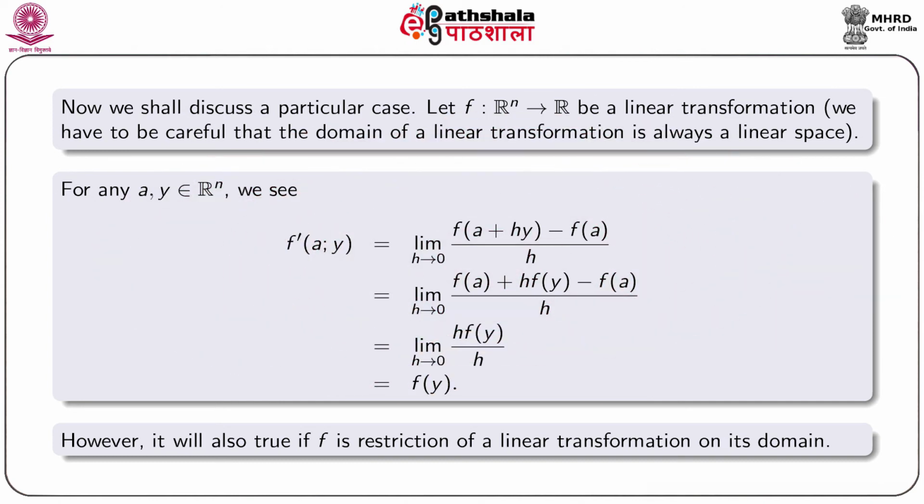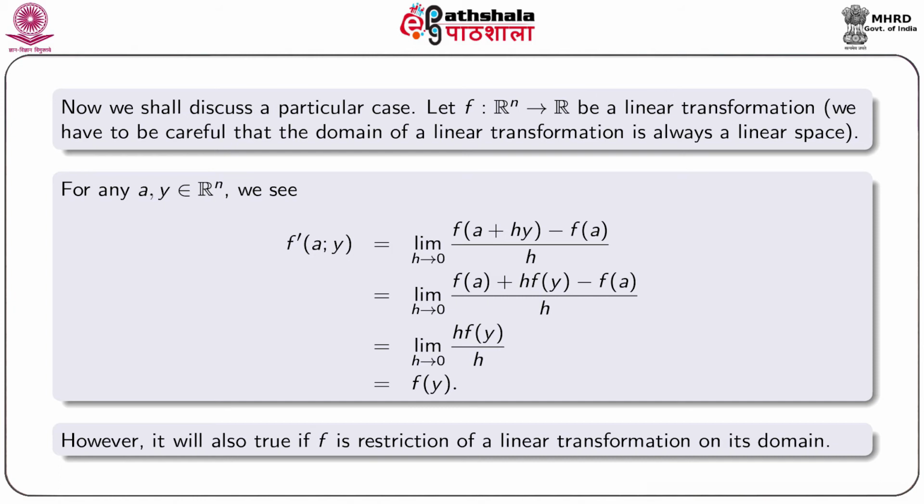So, this is the limit of (f(a + hy) - f(a))/h as h approaches 0, as we have seen earlier. Using the linearity property of f, the ratio simplifies to f(y), which is independent of h. So, f'(a, y) equals f(y).